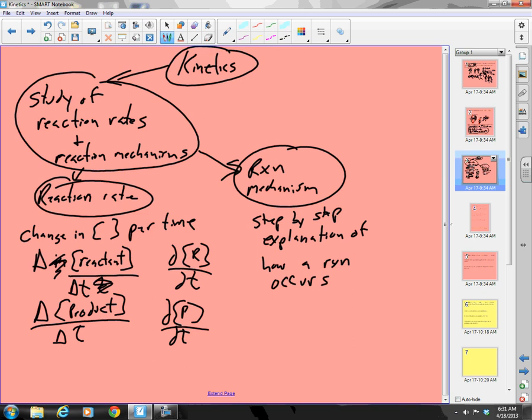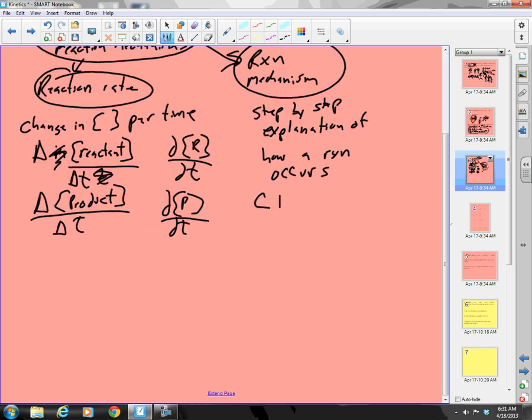And to give you an idea, the reaction we showed earlier, we said, hey, carbon reacts with oxygen to produce CO2. Well, I could say that this happens in a different way. I could say that two carbons react with O2 to form two COs, and that could be step one.